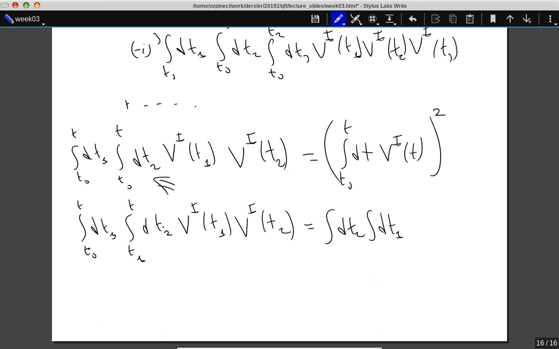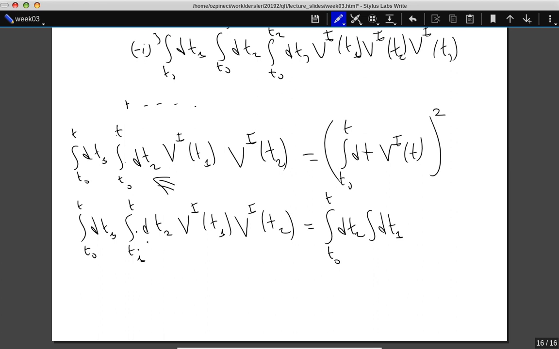The minimum value of t2 is t1, but the minimum value of t1 is actually t0. So t2 can go from t0 to t. But t1 is always less than t2, because t2 goes from t1 to t in the first integral.